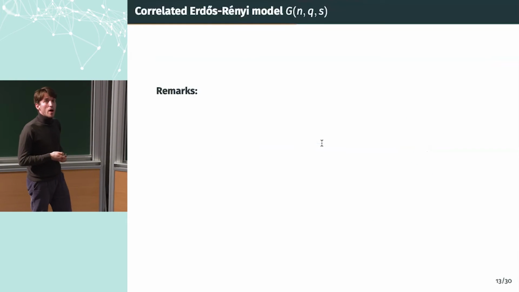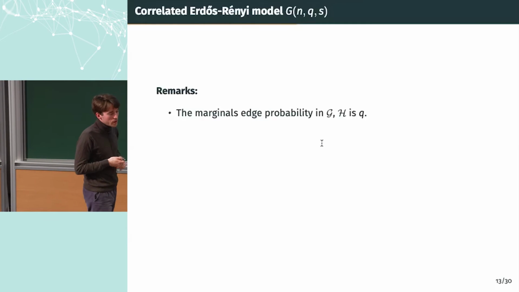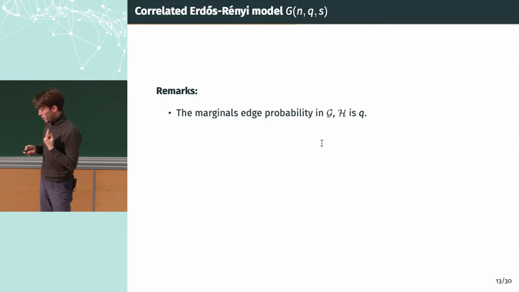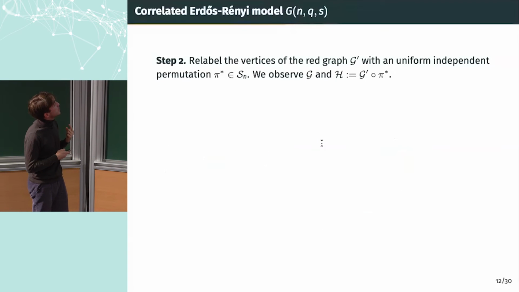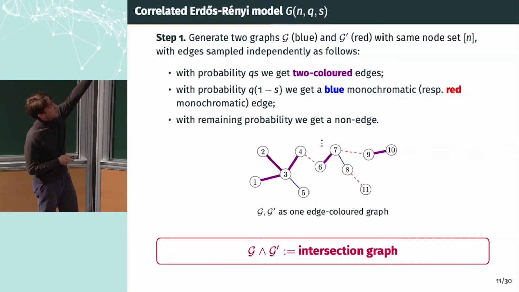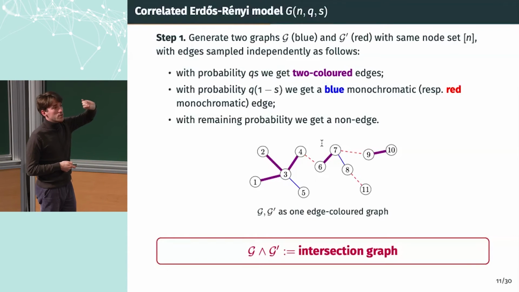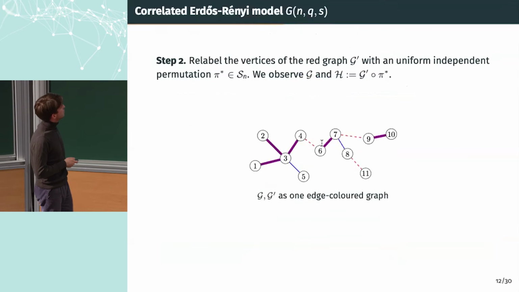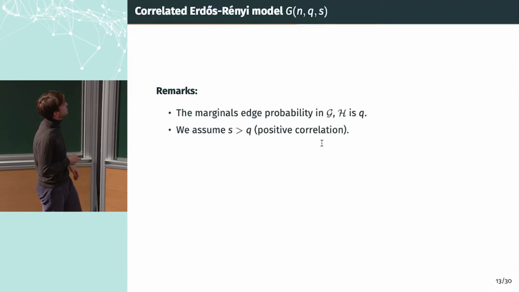Okay, good. So I will give a few remarks just to make sure we all understand the same thing. So Q here in the model is the marginal edge probability. Of course, if you look at the model, you add Q times S and Q times 1 minus S, you have Q, which is just the probability of one edge in one graph. Okay. So these two graphs have the same marginals.